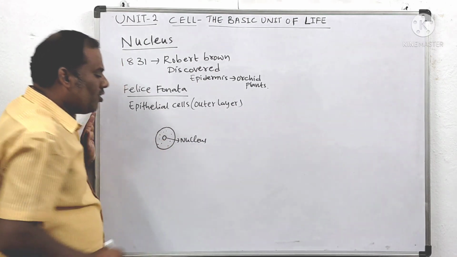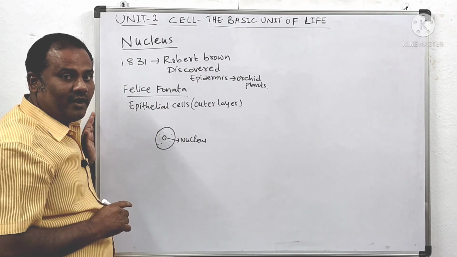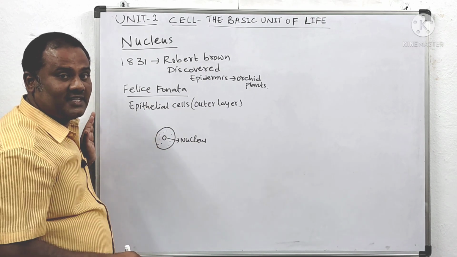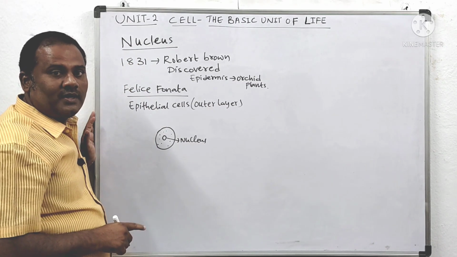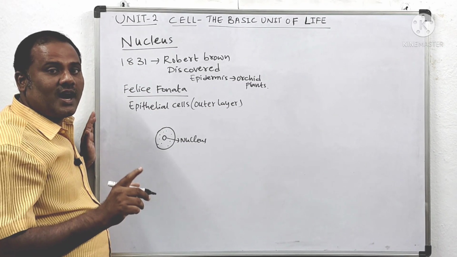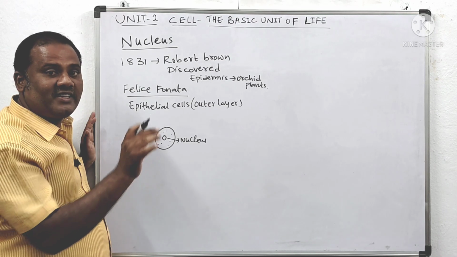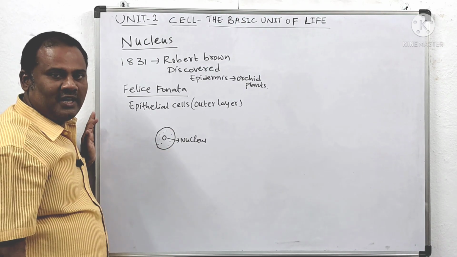Cytoplasm. And moreover, the cell was discovered, as we discussed in the previous video, by Robert Hooke in the year 1665, whereas the nucleus was discovered in 1831. That is nearly 150 to 175 years gap between the discovery of the cell and the nucleus.